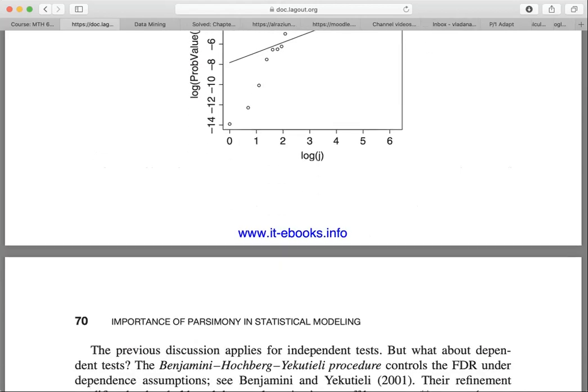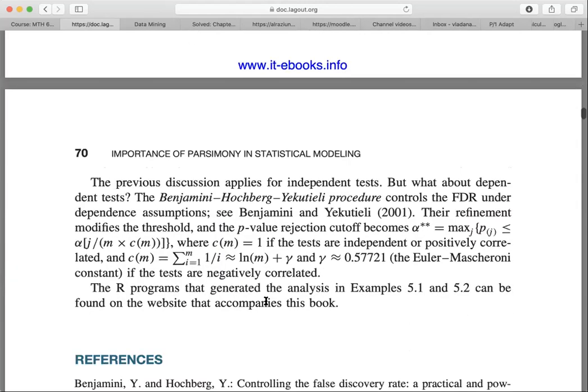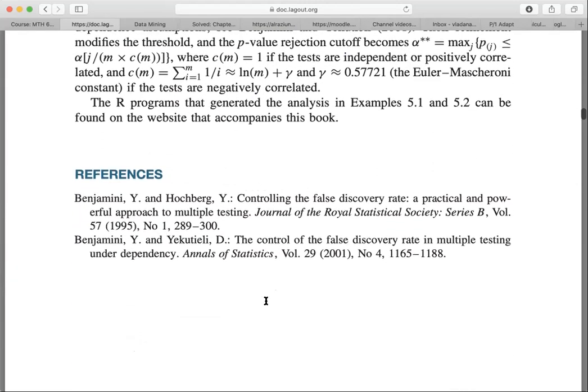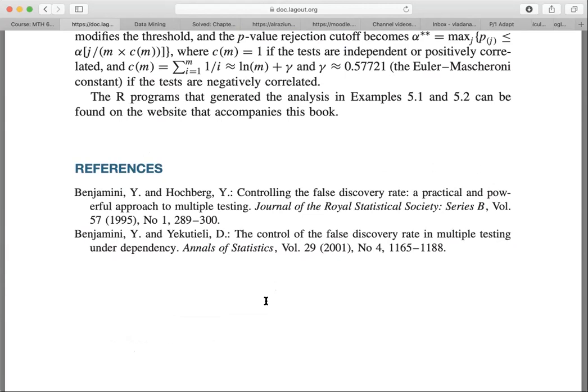We use the Benjamini-Hochberg-Yekutieli procedure to control the FDR under dependence assumptions. They modify the threshold to be alpha star star, which equals max of j such that p of j is less than or equal to alpha times j over m times c of m.